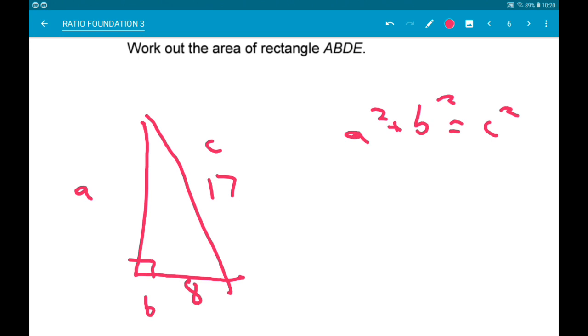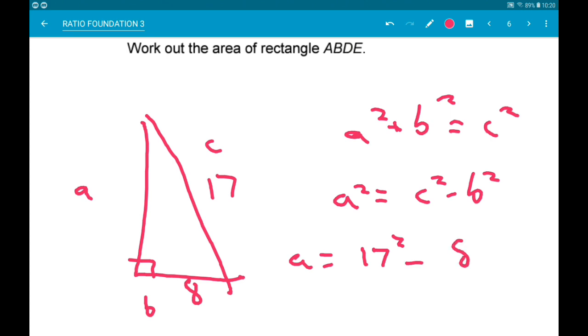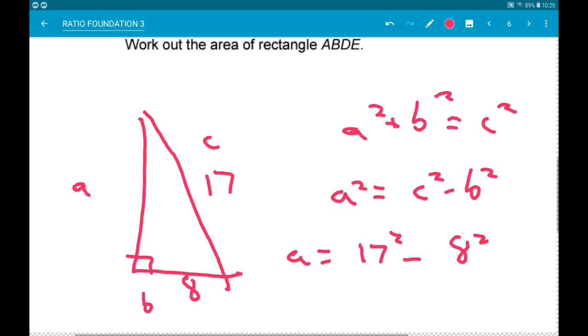We need to move the b squared, so a squared is c squared minus b squared. Okay, so a squared is 17 squared minus 8 squared.